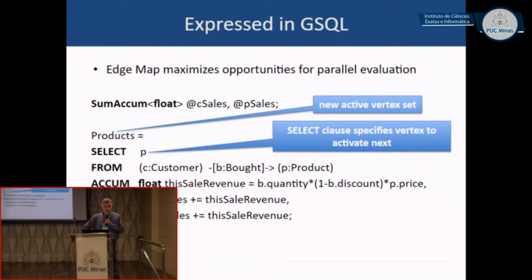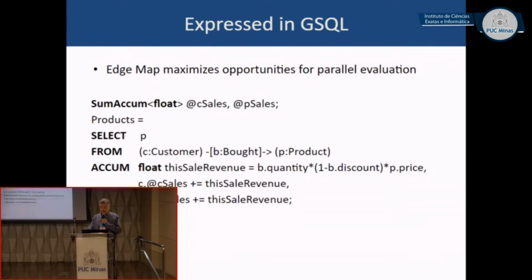Also notice the select clause outputs P, the product, and the set of all these output products can be captured in a vertex set named products here. This will be the new active vertex set from which we can continue doing further computation.